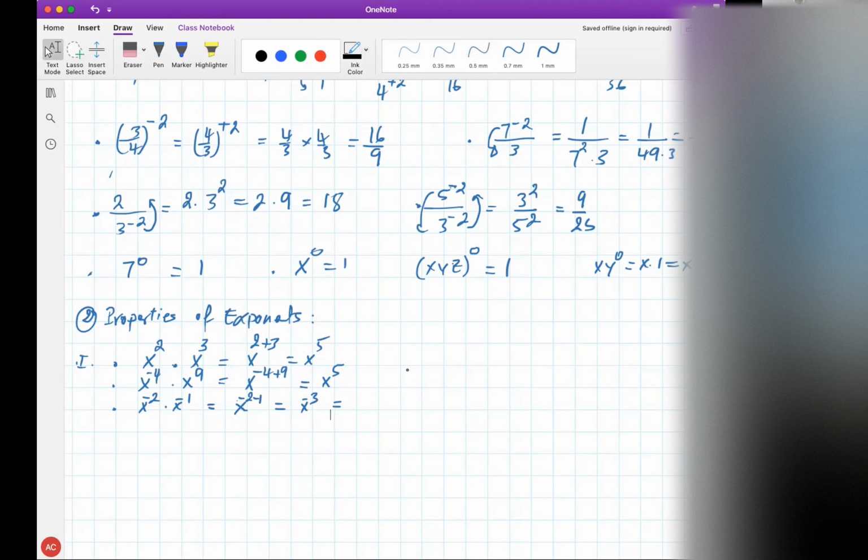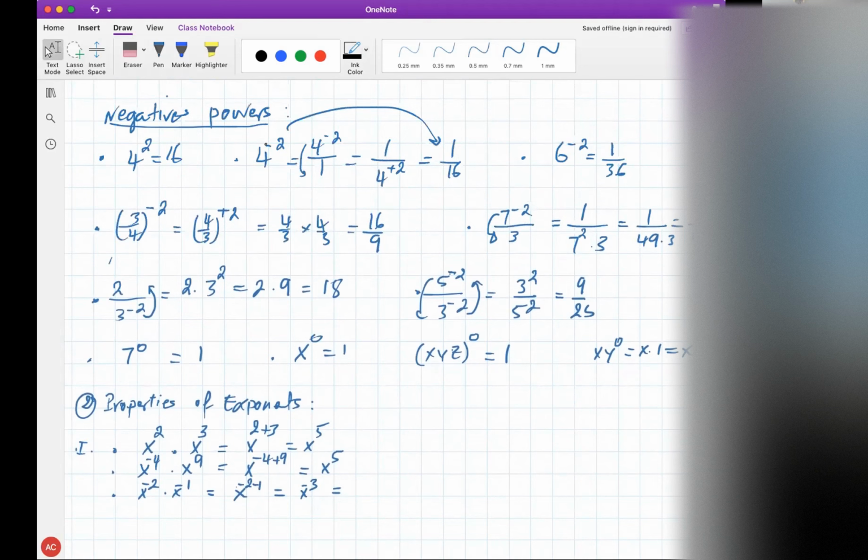Now, just like we did here earlier, see how we made this positive? When we flip, we turn the powers positive. That's what we're going to do here. So basically, we're going to turn this into a fraction and just move it down like this. Move the x to the power -3 down to make it positive. So this turns into 1 over x to the power 3.